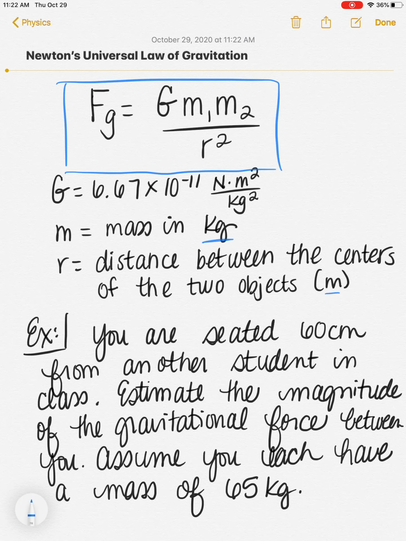On Earth, because Earth is so large, typically its mass overshadows the mass of any other object that is here, and the radius of the Earth is so large compared to the distance between any object and the Earth that we simplify this to equal weight, or the force of gravity on Earth equals mass times gravity.